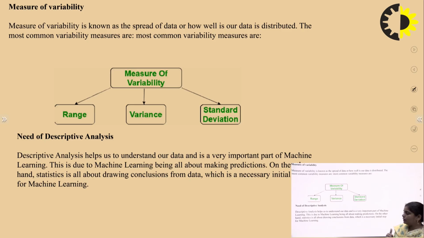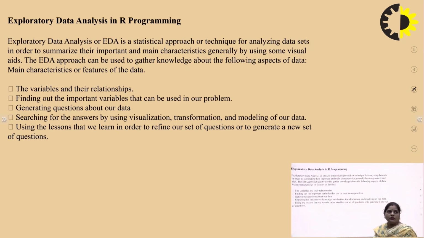On the other hand, we also have statistics, which is all about drawing conclusions from that data, and it is also a primary step for machine learning. Because if we have the statistics of that data set, it also helps in predicting more accurately.